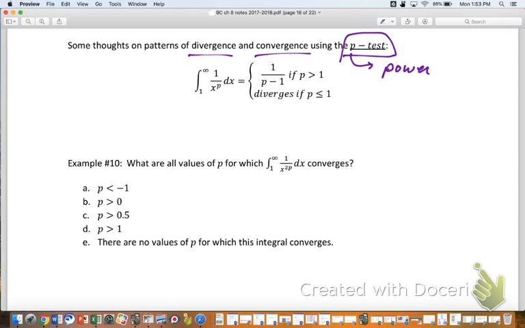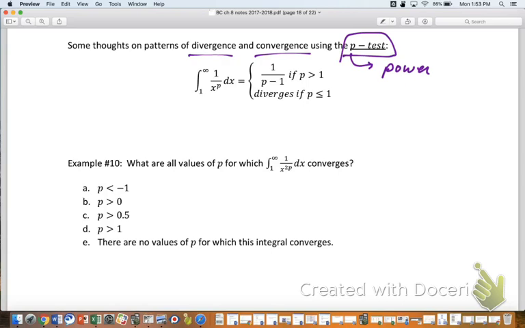So here it is. If you have the integral from 1 to infinity, and this is very specific, it's not 1 or some other number, it's specifically 1 to infinity of 1 over x to the p, where p is some exponent like 1/3 or 2/5 or 9 or 2 or whatever.